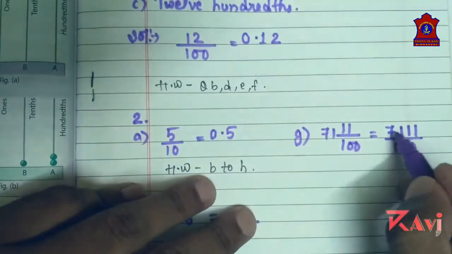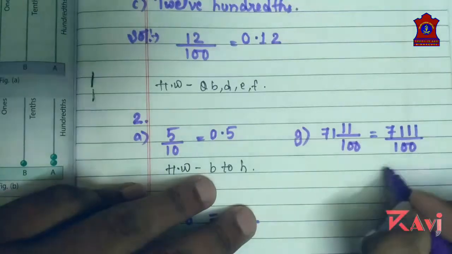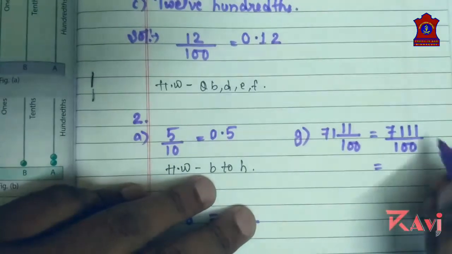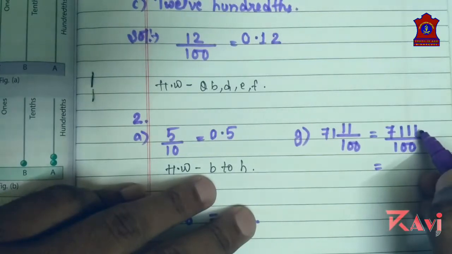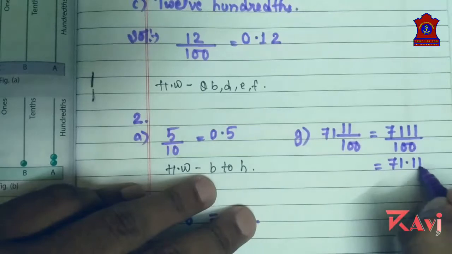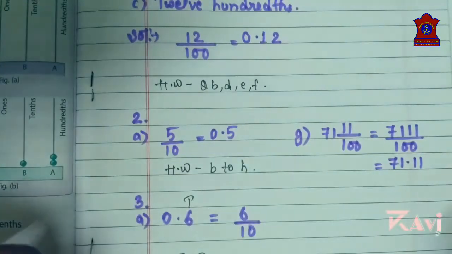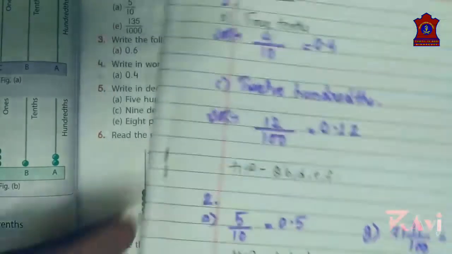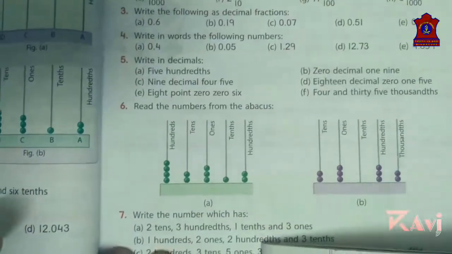Now how many zeros are there? 2. So the decimal will be counted from the right. 1, 2. Count 2 digits from the right and put a decimal here. So the answer will be 71.11. Clear? So I don't think there will be any confusion for you in this exercise. Clear? Now let's move to question number 4.